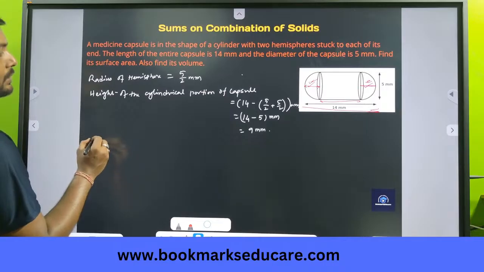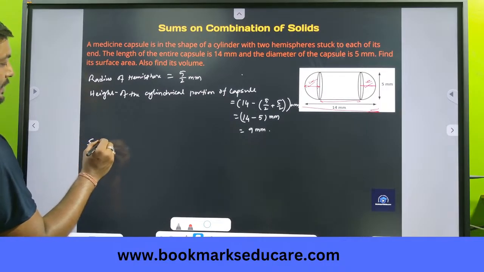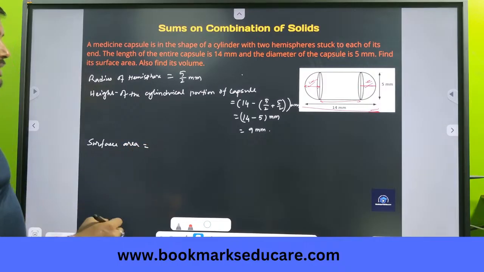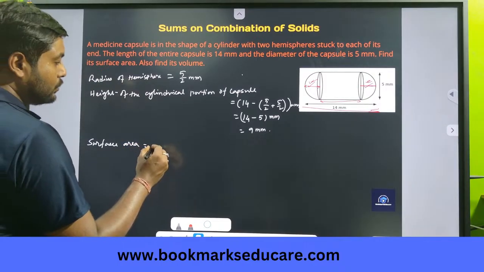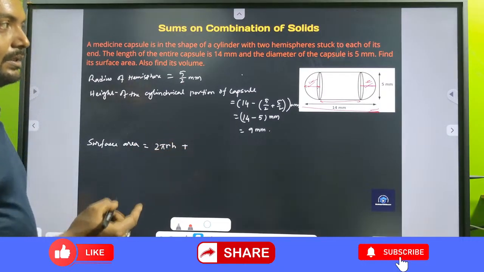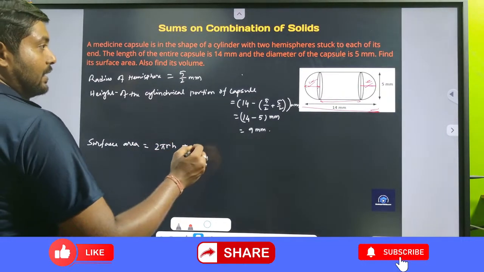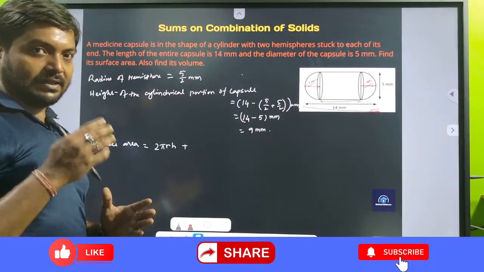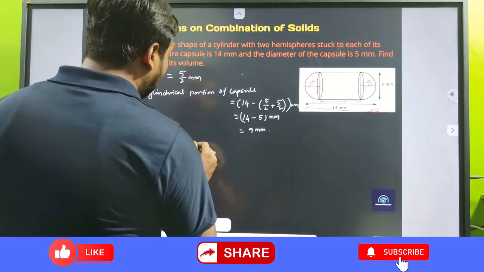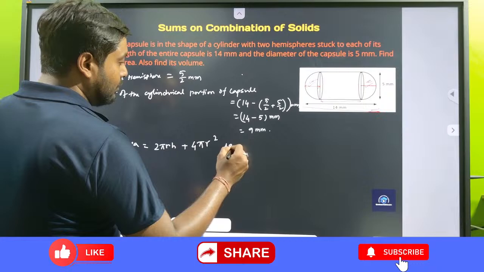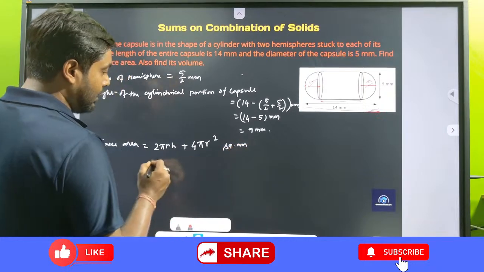So the surface area will be 2 pi r h for the cylindrical portion, and the 2 hemispheres combine into a single sphere, so the formula will be 4 pi r square, in square millimeter.